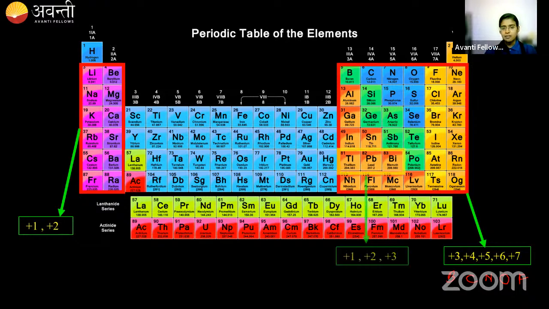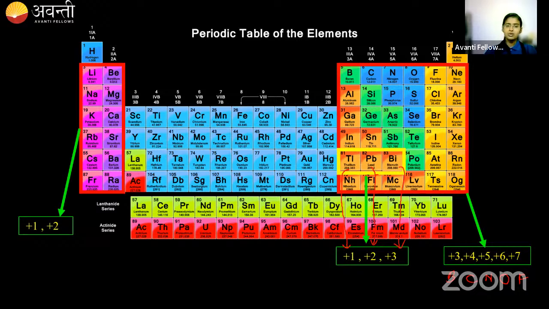In the same way, if you look at thallium, lead, and bismuth, thallium will have +1 oxidation state, lead will have +2 oxidation state, and bismuth will have +3 oxidation state. So each element will have only one stable oxidation state.